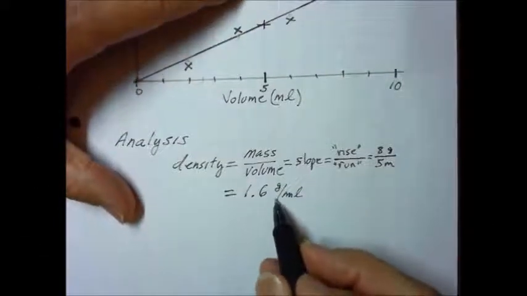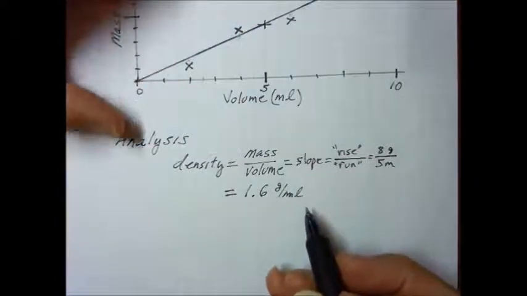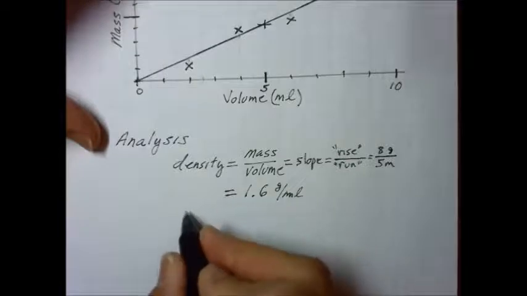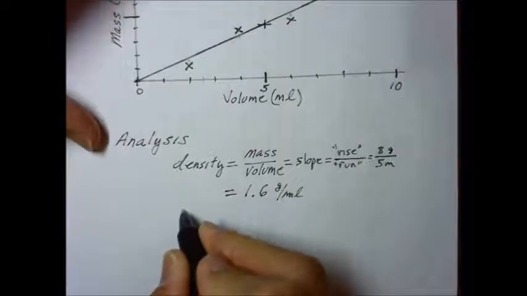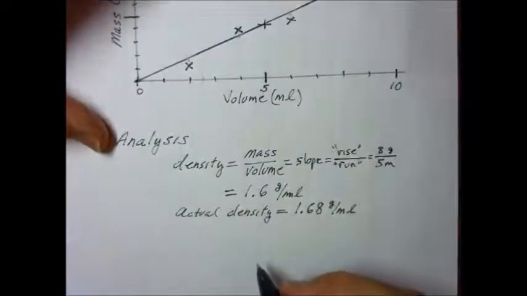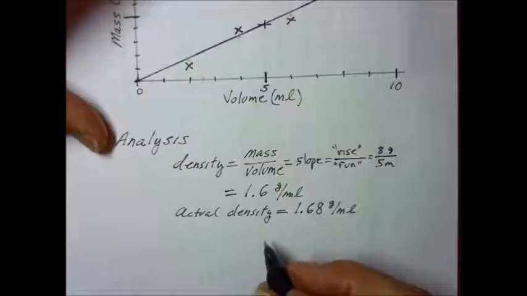The next question is did we do a good job? Is 1.6 grams per milliliter, how close did that come to the actual value? And I know from my research that the actual density is 1.68 grams per milliliter.